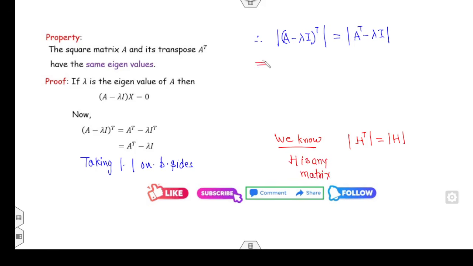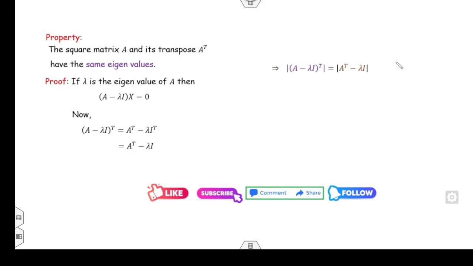So for this case, I can say the determinant of A minus lambda I is the same as the determinant of A transpose minus lambda I. Clear? Now, because lambda is an eigenvalue of A, the determinant of A minus lambda I is 0. Now, if the left hand side is 0, then A minus lambda I is 0 if and only if A transpose minus lambda I is 0.